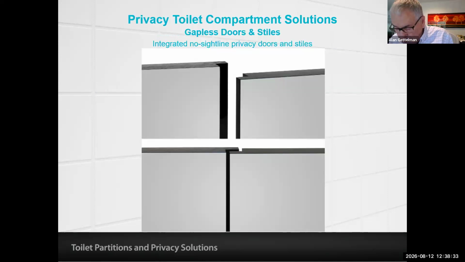European style and traditional partitions can feature a number of design solutions that can increase their privacy without the expense associated with fully enclosed walls or single-user toilet rooms. For example, integrated no sightline privacy doors and stiles have offsetting routing edges, as can be seen in the top photo, that result in an interlocking design with no sight lines into the compartment when the door is closed, as is shown in the bottom photo.